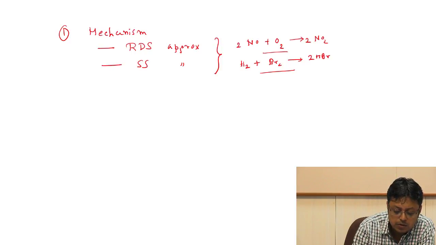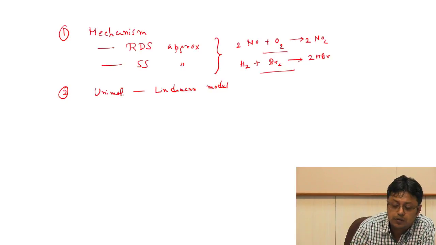And then we also had a little bit of discussion on unimolecular reactions, how unimolecular reactions happen, and we particularly talked about the Lindemann model for the kinetics of unimolecular reaction.